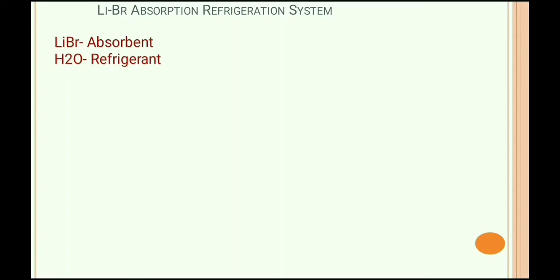Due to this, once we add heat to the generator, only the water evaporates from the generator, leaving behind LiBr. Clear? That is why in the LiBr vapor absorption system, we do not require any type of analyzer or rectifier.